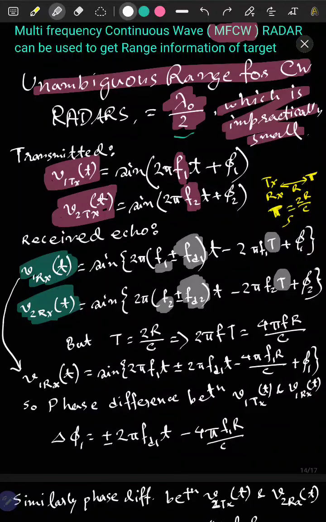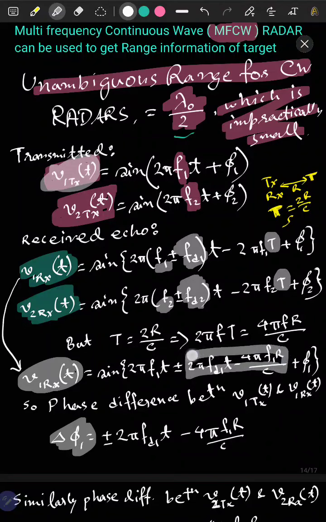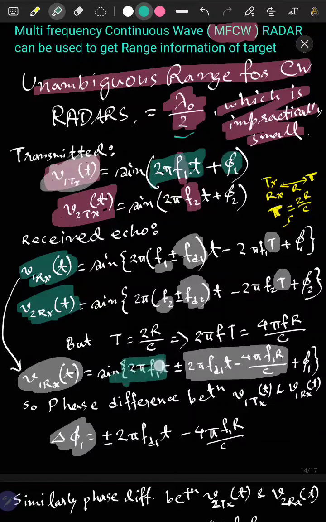Now the phase difference between V1 rx of t and V1 tx of t, the transmitted and received signals at a single moment, would be delta phi 1. Let us express delta phi 1 as 2 pi fd1 t minus 4 pi f1 r by c, because all other parts are common.